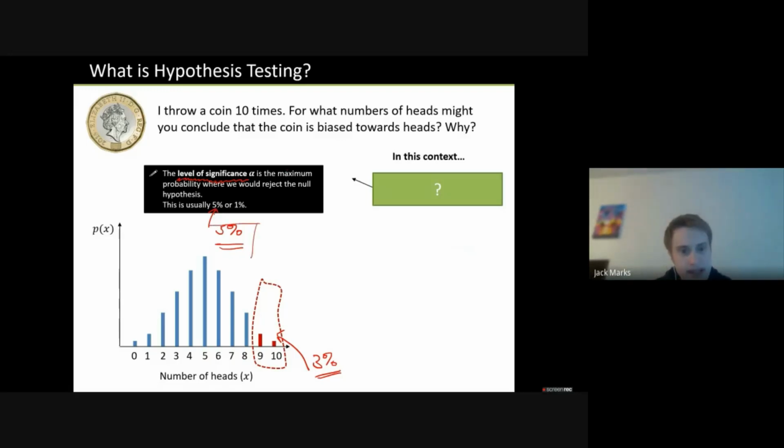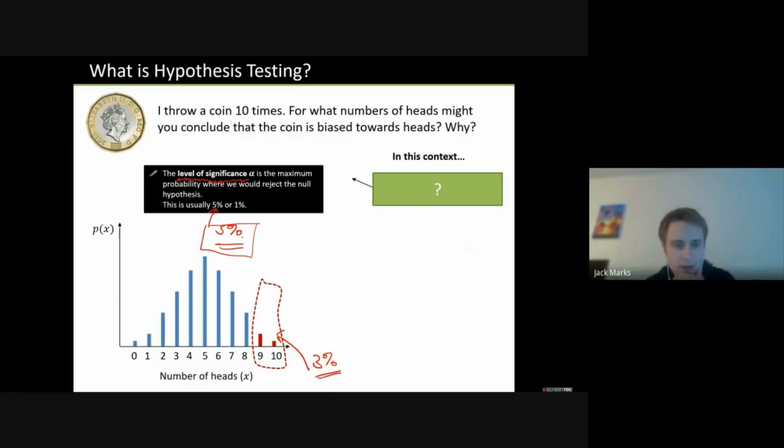Well, if I said to you your significance level is 5%, what it means is anything less than 5% means that something is going on, something exceptional is happening. So I'm going to give you a tolerance of being lucky 5% of the time. But if it's anything less than that, we would say that the coin is biased.